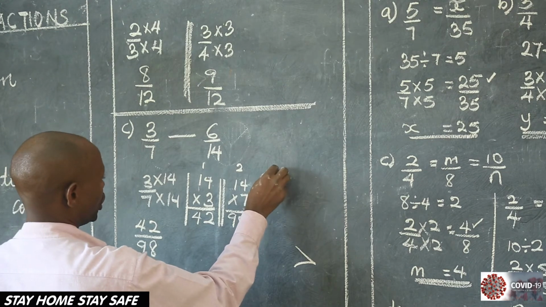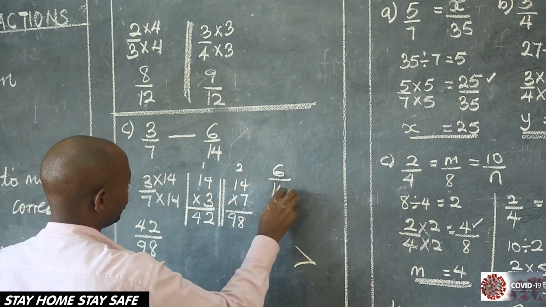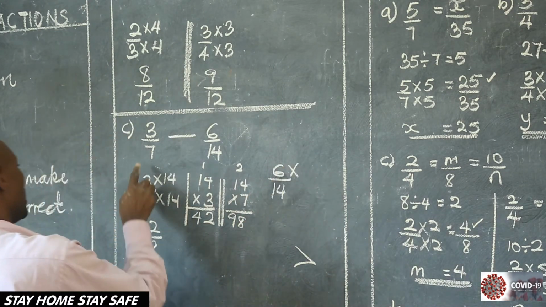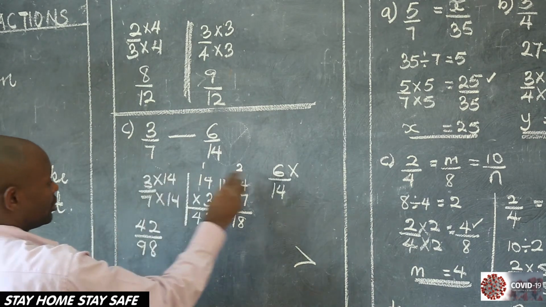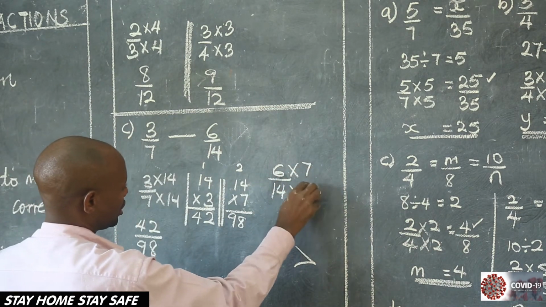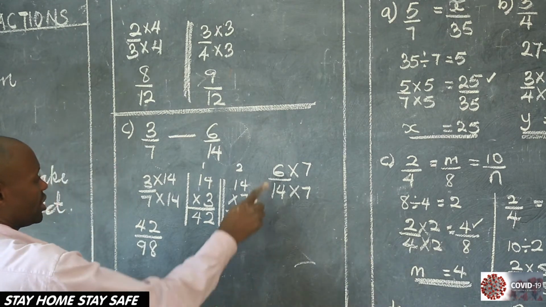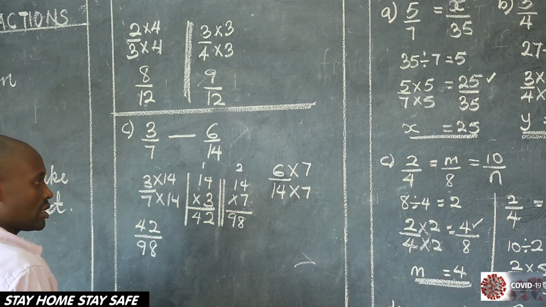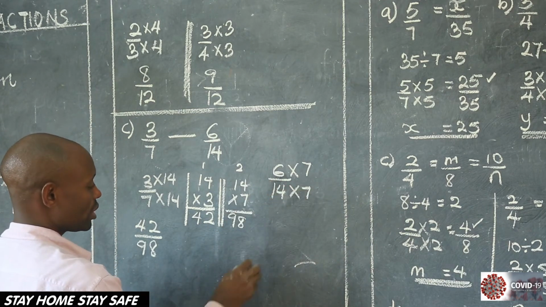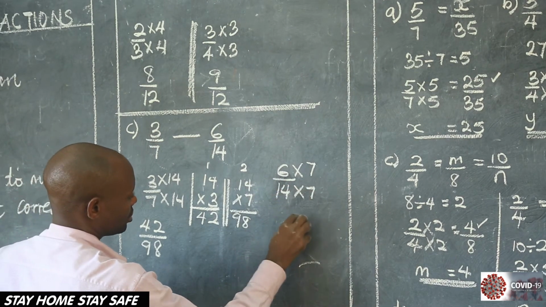Then we shall have 6 out of 14. Now we multiply by the denominator of the other fraction, which is 7. 6 times 7, what do we get? Very good, 42.